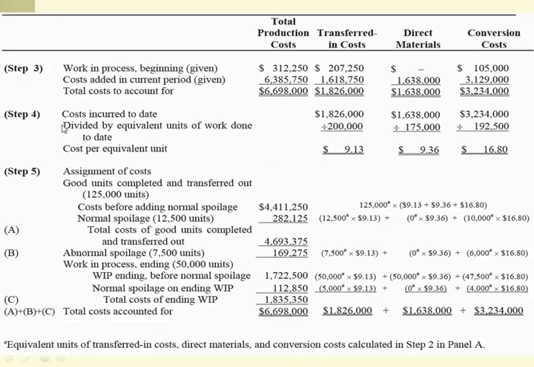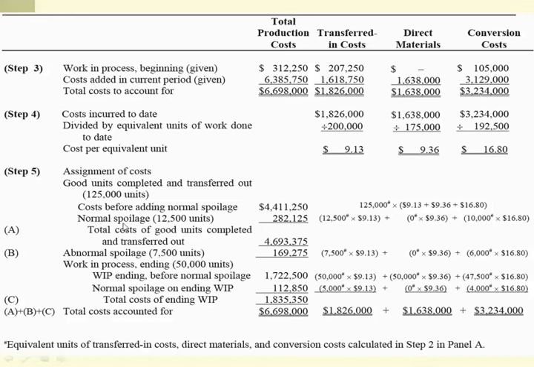Step 5, the last step, assignment of costs. Good units completed and transferred out 125,000 units. Costs before adding normal spoilage: 125,000 units multiplied by 9.13 plus 9.36 plus 16.8 equals 4,411,250.